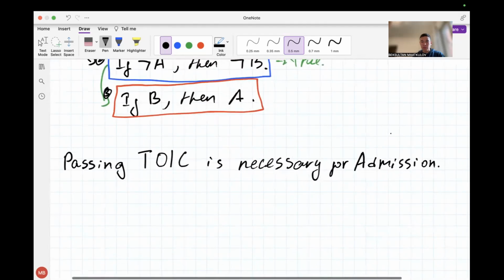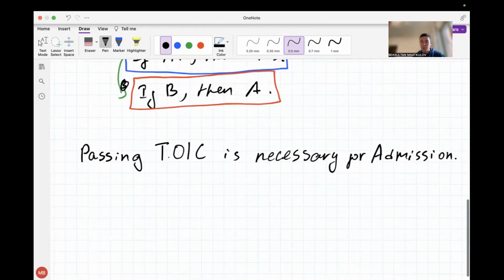Okay, let's imagine we have this statement, basically. Passing TOLC is necessary for admission. So what can we tell about this statement? We can tell that if you don't pass TOLC, then for sure you will not get admitted. But what else can we say before negating?